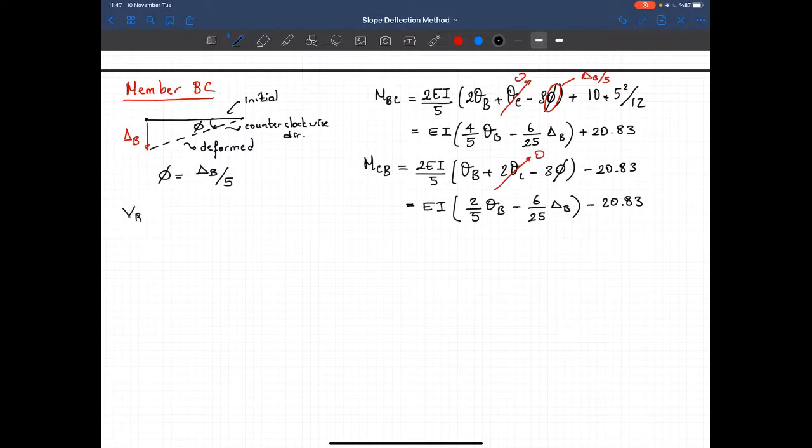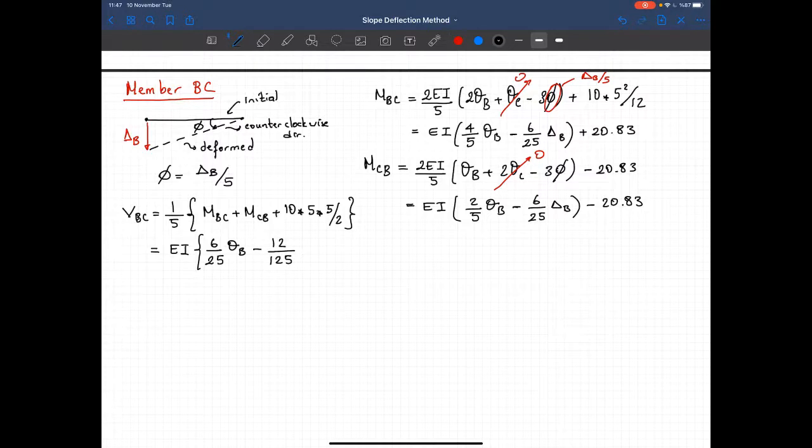So V_BC is equal to 1 over 5 times (M_BC plus M_CB plus 10 times 5 times 5 over 2). And this will give me the V_BC equation as EI times (6 over 25 theta B minus 12 over 125 delta B) plus 25.